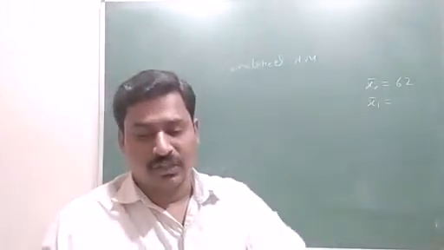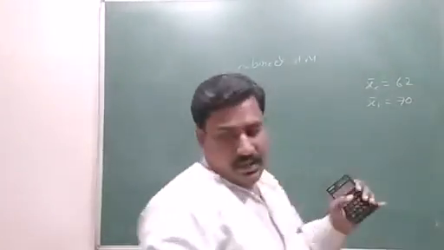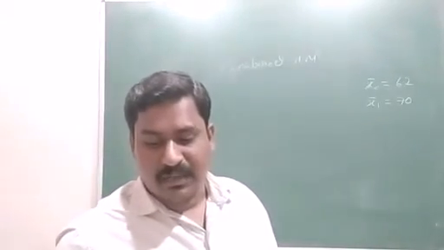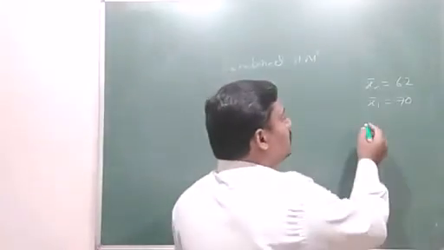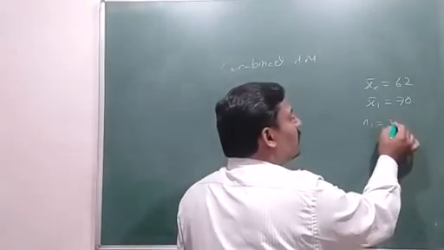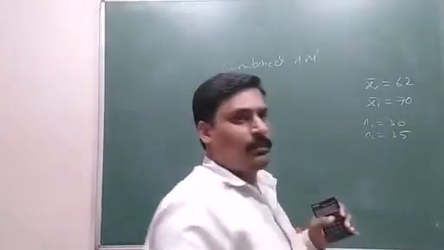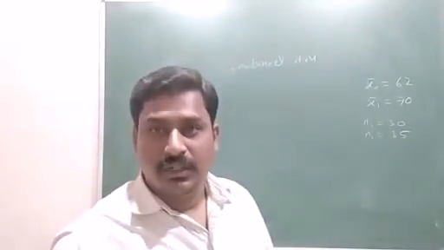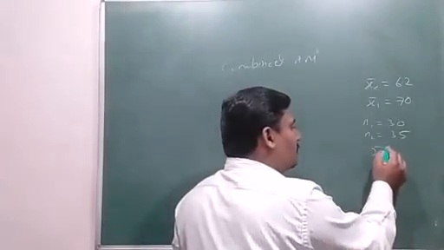The section A students scored 70 marks on average. And the number of students in section A and section B are 30 and 35 respectively, so n1 is equal to 30 and n2 is equal to 35. Then find the mean marks of students in section B. So section B's mean marks is x bar 2.